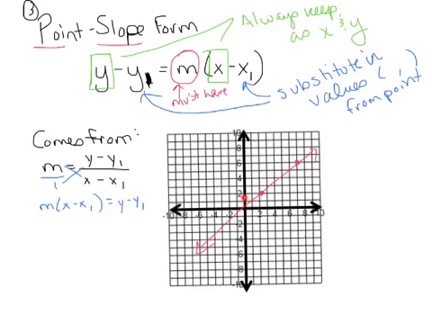I do not know my y-intercept, but I know that I have a point at 7, 6, and I have a point at 2, 2. So I can very easily figure out my slope. I can either do 6 minus 2, which is 4, over 7 minus 2, which is 5, or I can use the graph to say I go up 4 and to the right 5. So I know my slope.